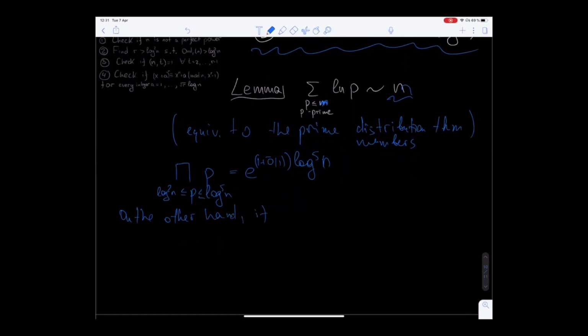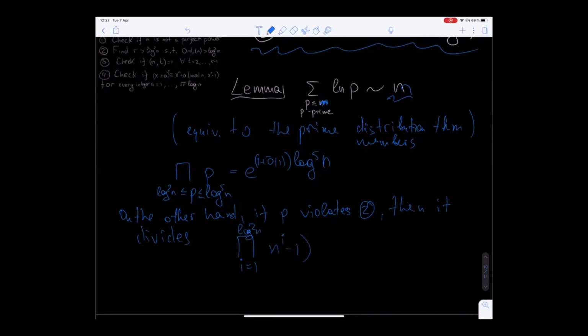On the other hand, if a prime number p violates 2, then it divides the following expression: the product for i from 1 to log squared n of n to the i minus 1.